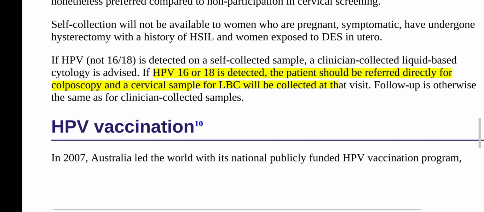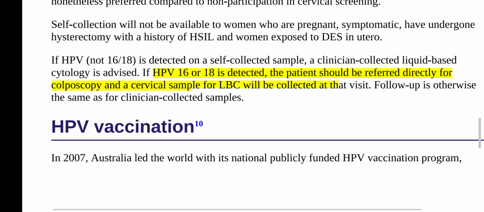So these are the high risk HPV 16 or 18. These patients should be referred directly for colposcopy, and a cervical sample for liquid based cytology will be collected at that visit, and further follow up is required. So for 16 and 18 we have to directly mark this in the SBA.